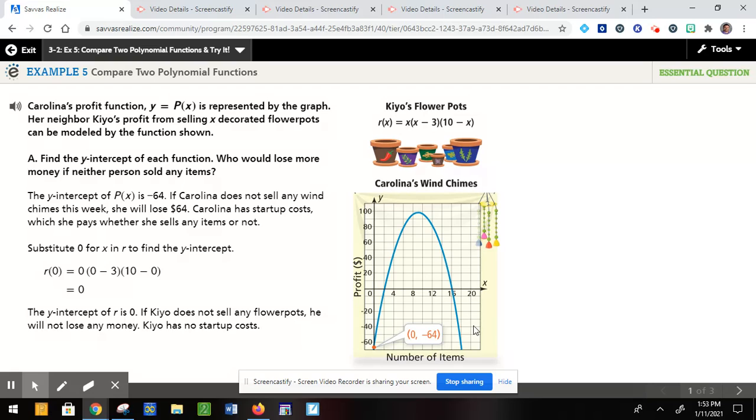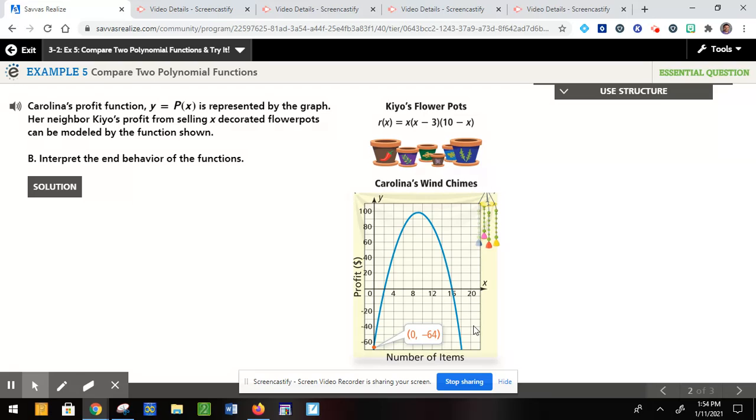Kaio, the y-intercept would be the value of the function when x is 0. If you substitute 0 in for each of those x's and you multiply them all together, you're going to end up with 0. So he doesn't lose any money by not producing anything. So the person who would lose more money would be Carolina.